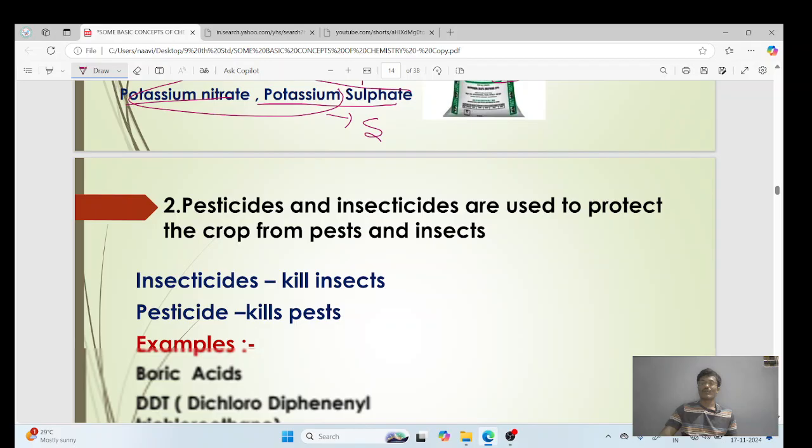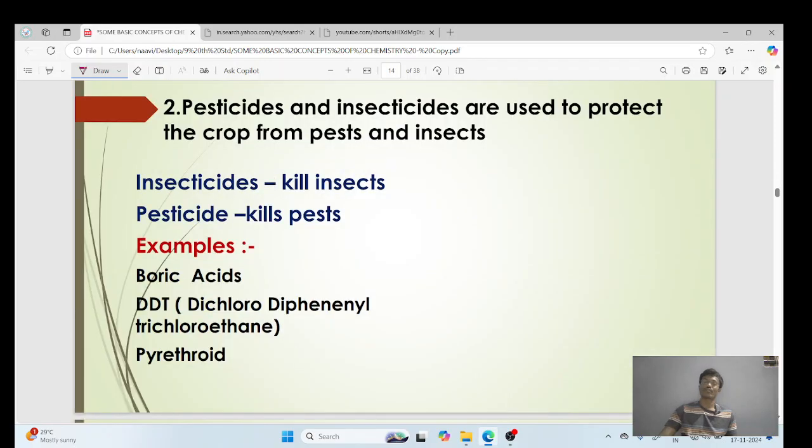In the agriculture field we can also use pesticides and insecticides to protect the crop from pests and insects.